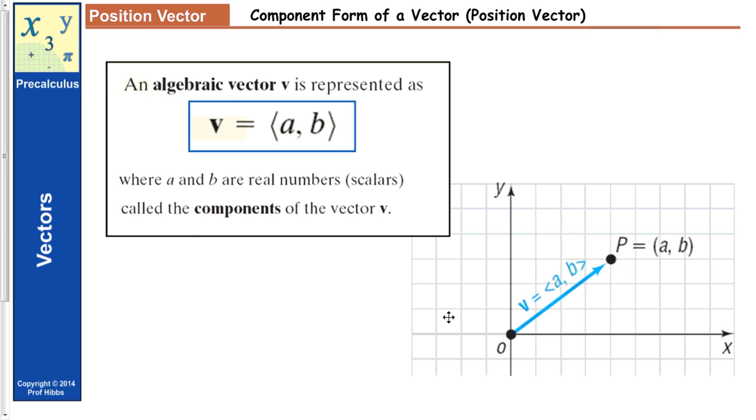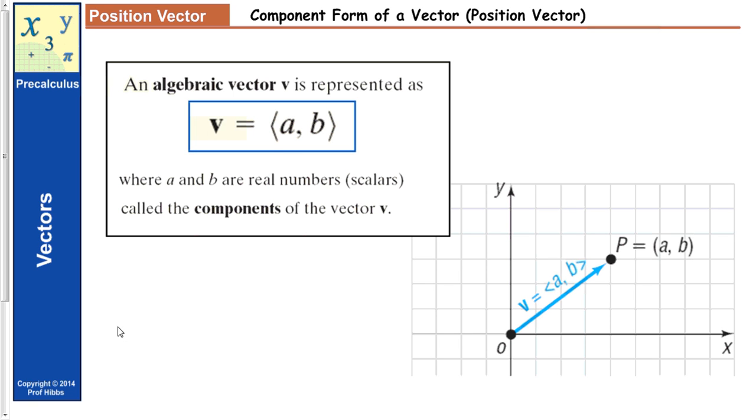Then we call this the component form of this vector. You notice we put these little brackets here. These look like a funny less than sign and funny greater than sign, and that's to indicate that it's not a point, it's a vector.